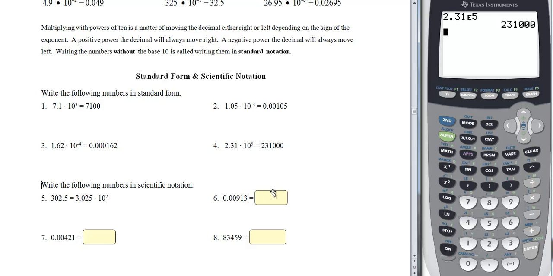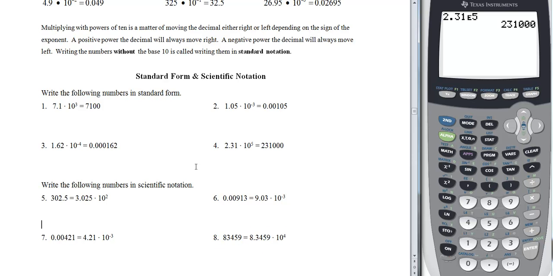So 9.13 times 10 to the negative 3. This one's coming from the negative side. So 4.21 times 10 to the negative 3. This one would be, since the decimal's right here, and it's coming from the positive side, 8.3459 times 10 to the 4th.